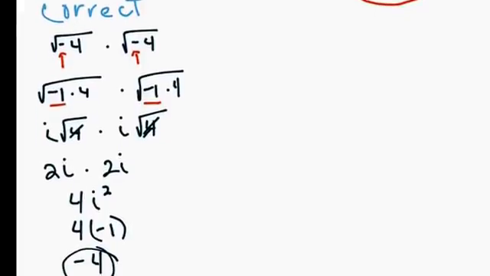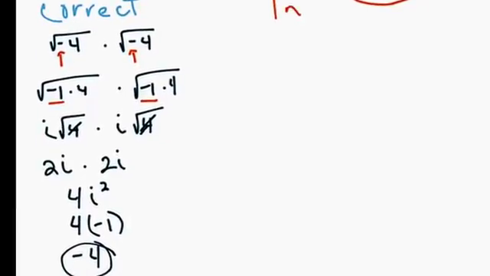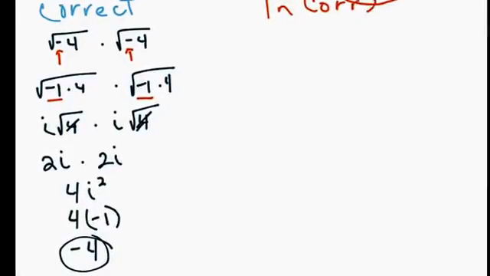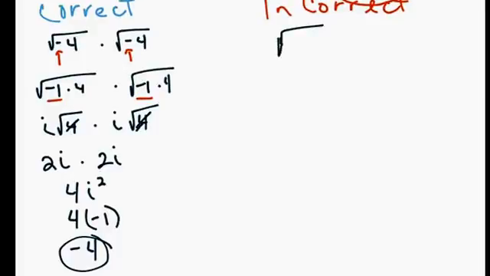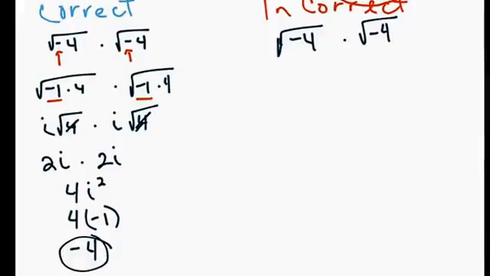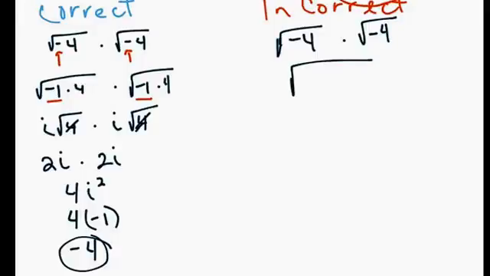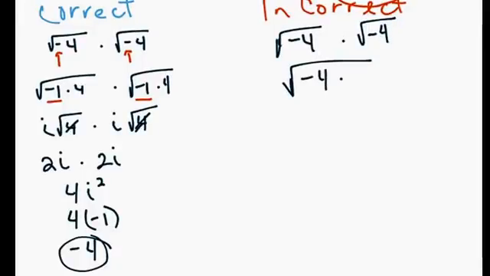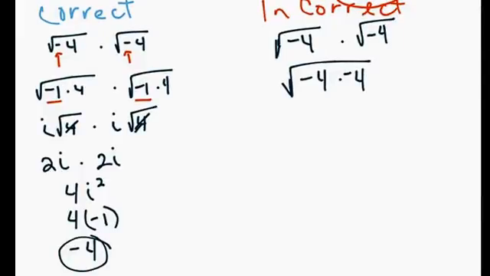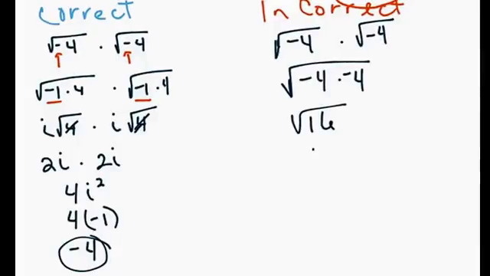Now let's look at the incorrect way to work this problem. The square root of negative 4 times the square root of negative 4. Well, we know we can multiply those following our radical rules. So if you decide to put them under here like that and multiply before you pull out the negative signs, you get the square root of positive 16, and the square root of positive 16 is 4.